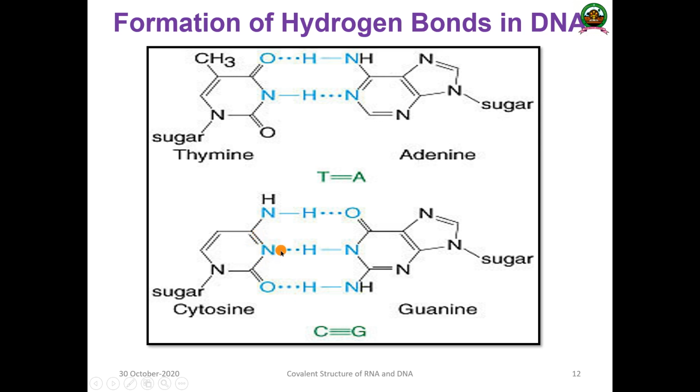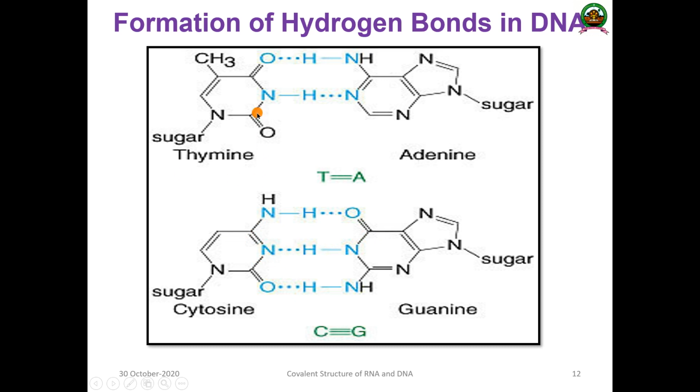This N will have a weak interaction with this particular hydrogen, which will be from this NH of guanine. This is the second bond, a nitrogen hydrogen bond, that is also a hydrogen bond.